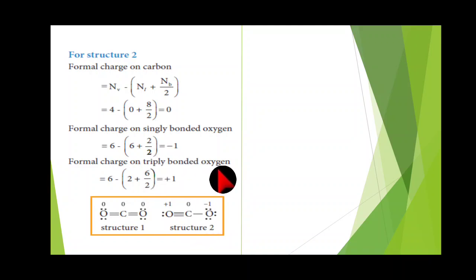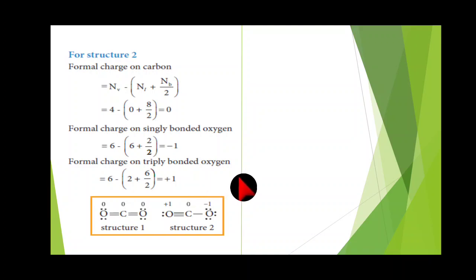Formal charge on the triply bonded oxygen here, in structure 2. Number of valence electron 6 minus the bracket NL, lone pair, 2 electrons in the lone pair, plus then NB in bonding, 3 bonds, so 6 electrons, each bond 2 electrons, 6 by 2 equal to plus 1.